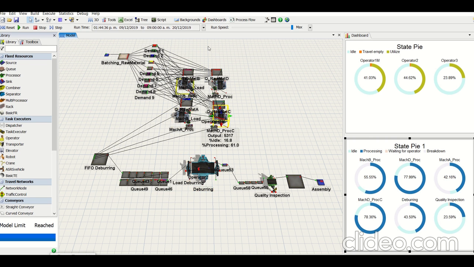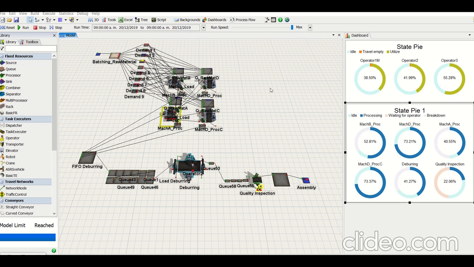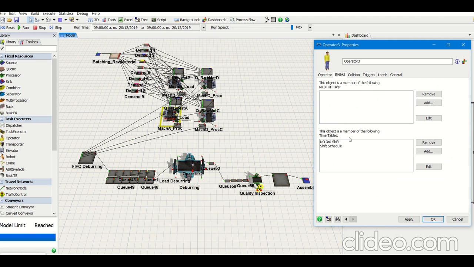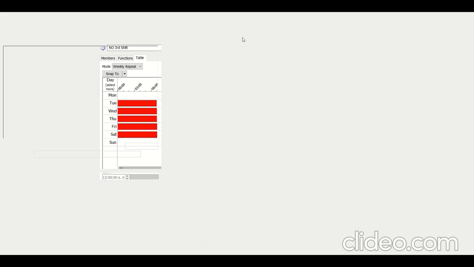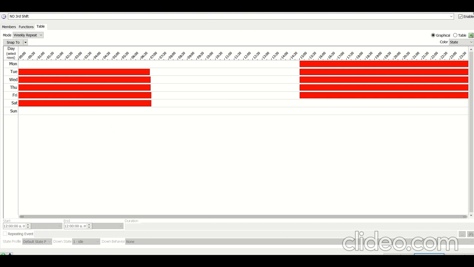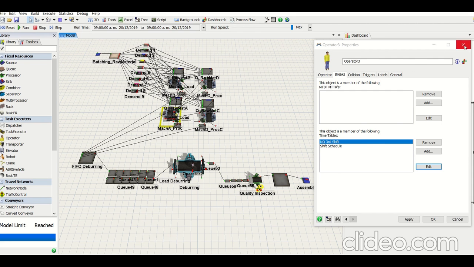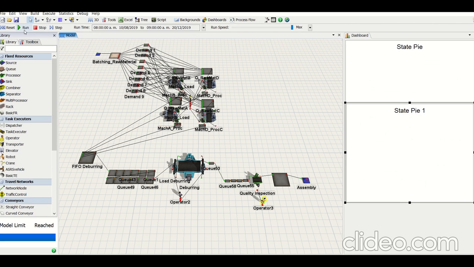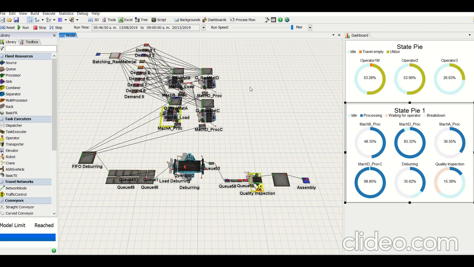So we're going to move to the final experimentation. This is the final experimentation in which we are going to see that operator 3 will work only on the first shift. So if we run our model, we see what happens.